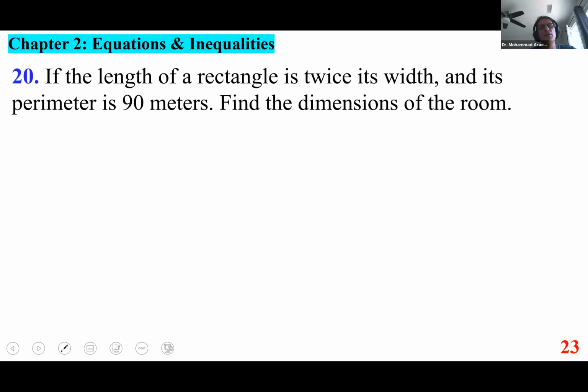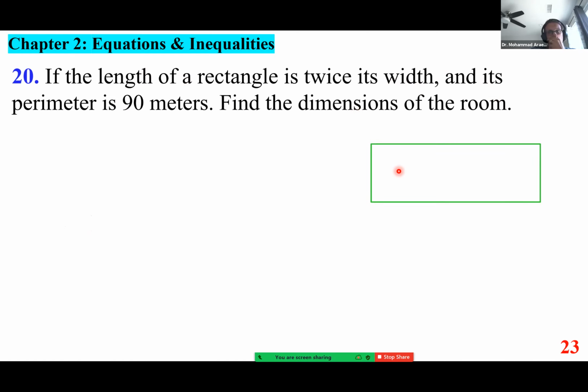If the length of a rectangle is twice its width, and its perimeter is given as 90 meters, then we want to find the dimensions of that room in that rectangular format. So if this is the width, the length is 2 times that, or 2W.